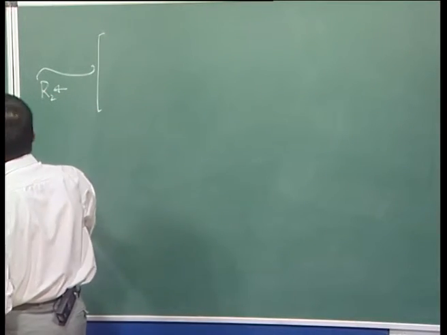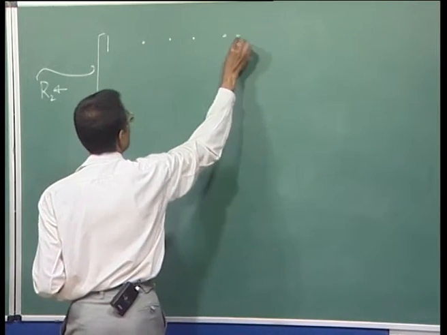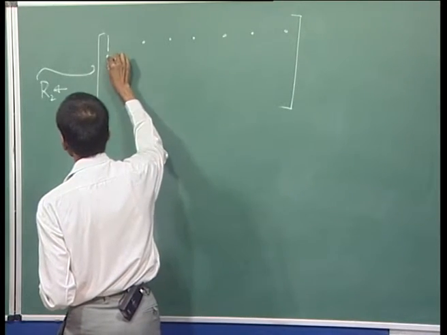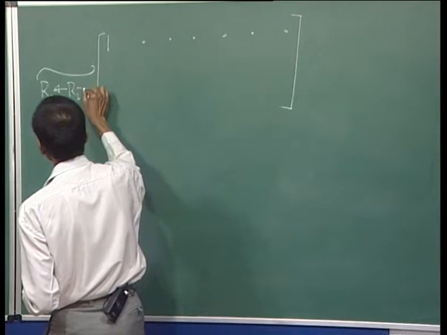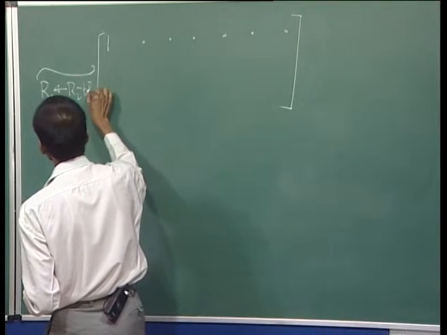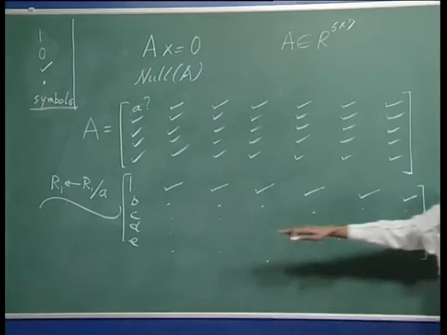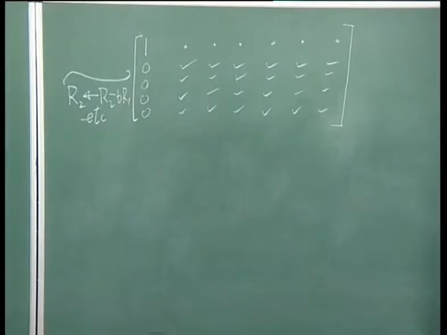In the meanwhile, the first row remains unchanged, and here we will get 0. So, the second row will become the second row minus b times the first row, and so on. A similar situation holds for the third row, fourth row, fifth row. So, all these rows will get changed.